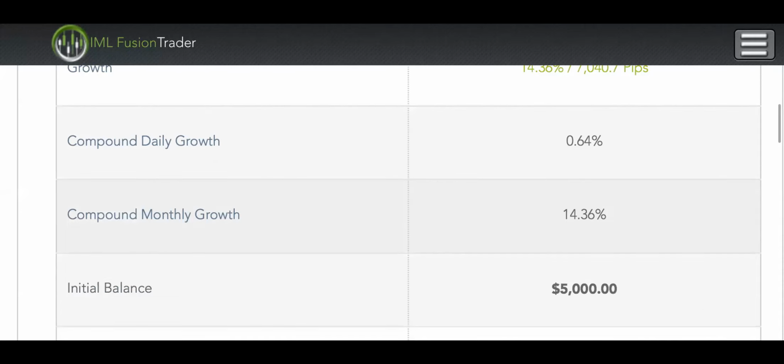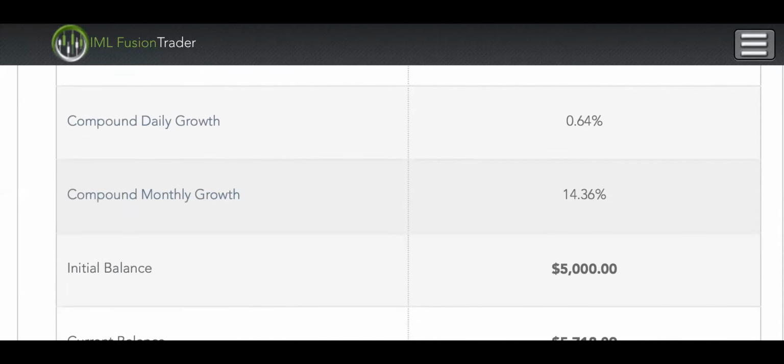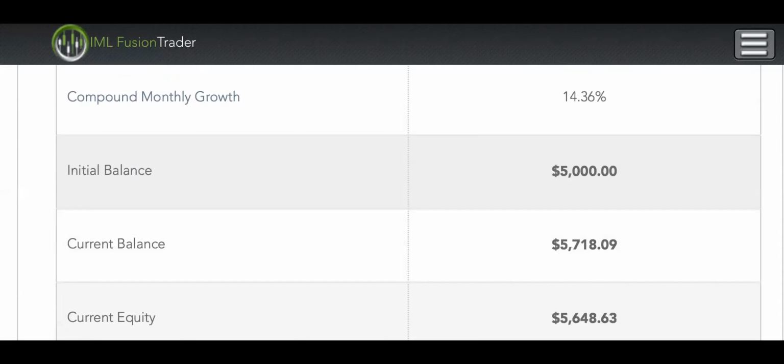It's also telling you that compound monthly growth is about 14.36%. So it's showing us now this is a real live account with real money. So it's showing that the initial balance was $5,000. The current balance is $5,718.09. So it's showing that the account has grown by $718 that we saw before on the other screen.